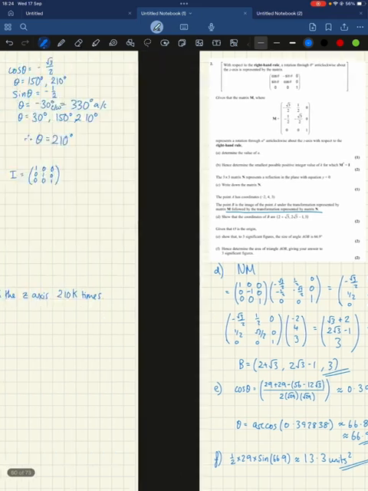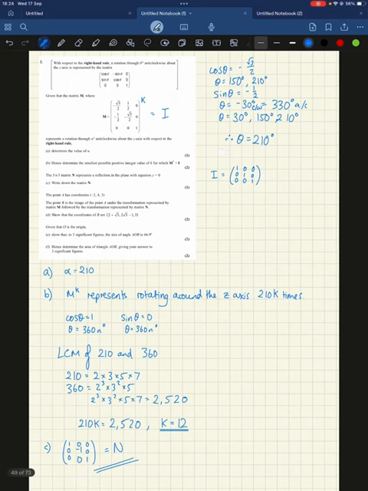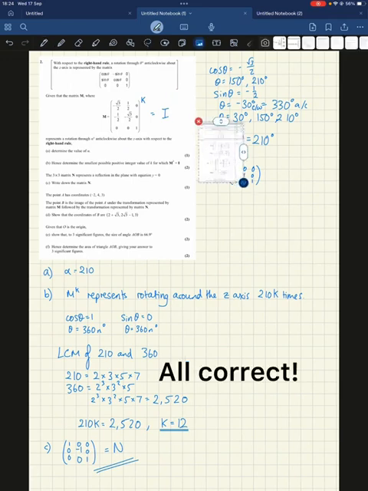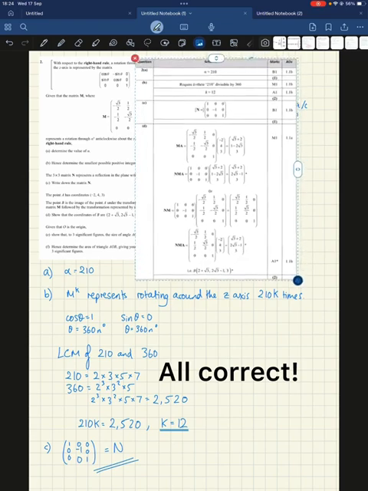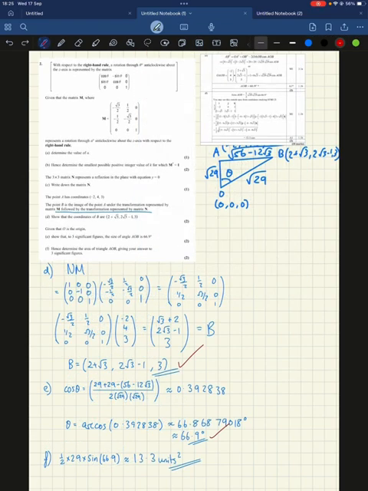Alright, let's check the mark scheme now. So it is over here, and so 13.3, correct.